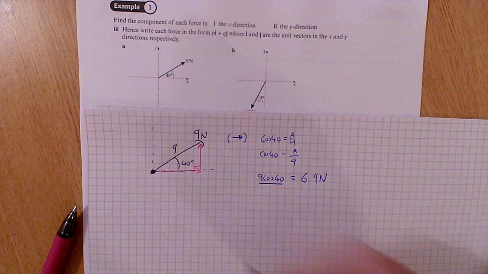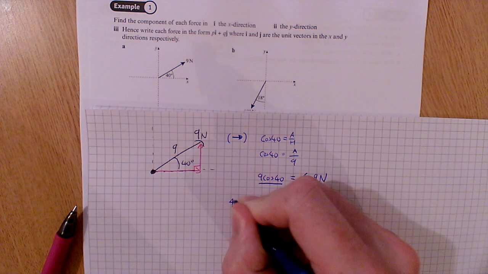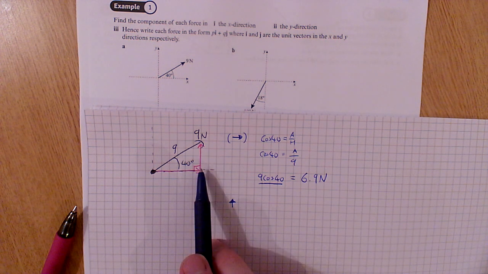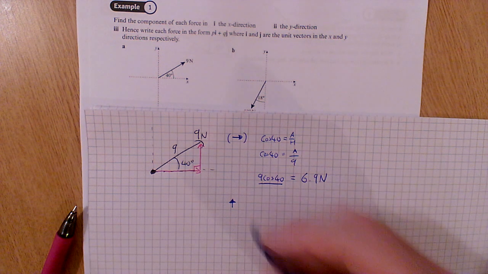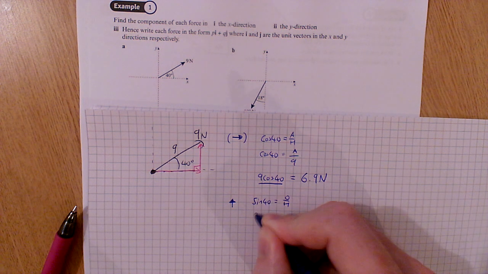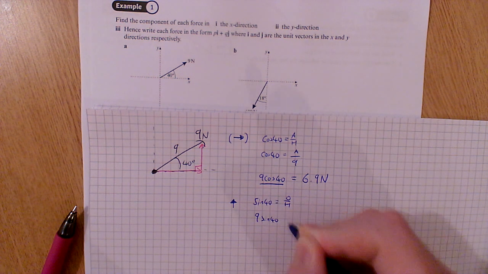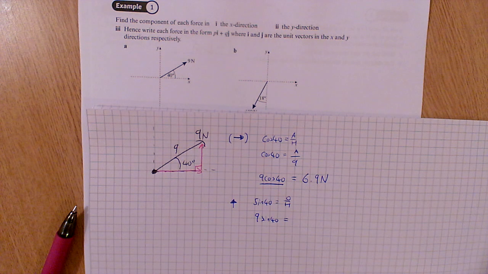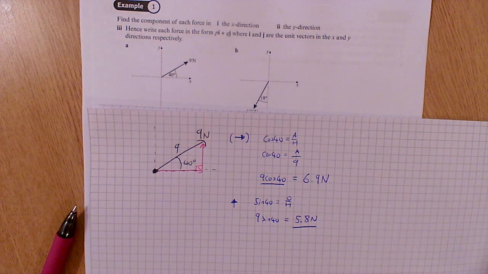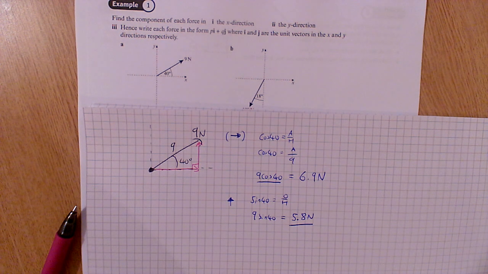We can do similarly for the vertical direction, right? So the vertical component of the force is this one here, and instead of having cos 40, we'll have sine 40 equals opposite over hypotenuse. So we're going to get 9 sine 40 equals 5.8 newtons. Let's just finish this question off.